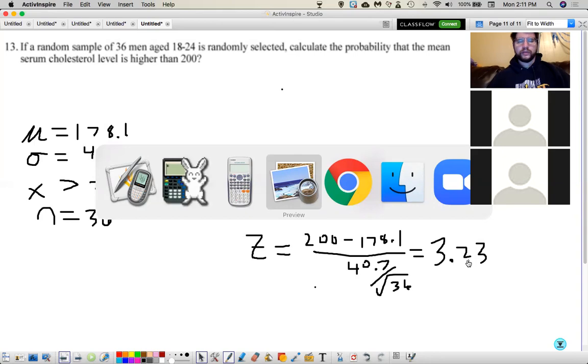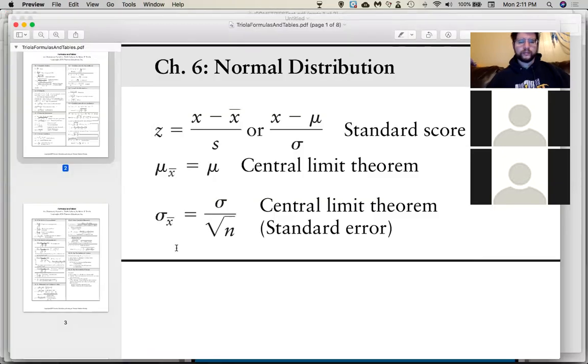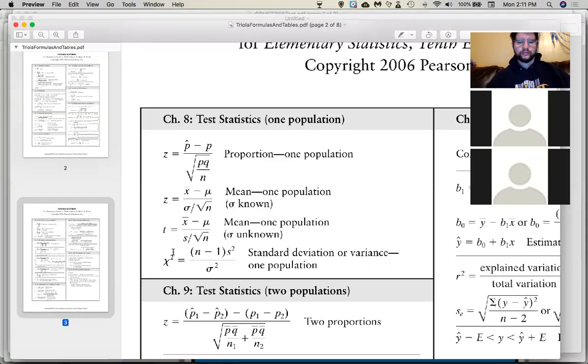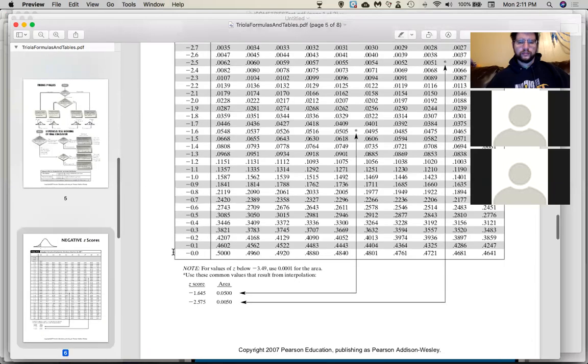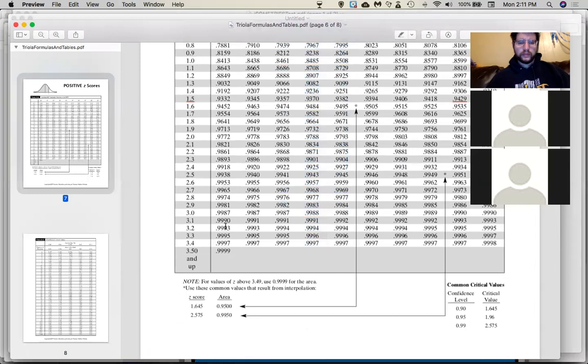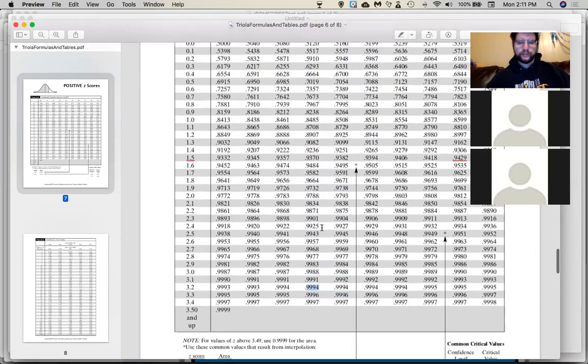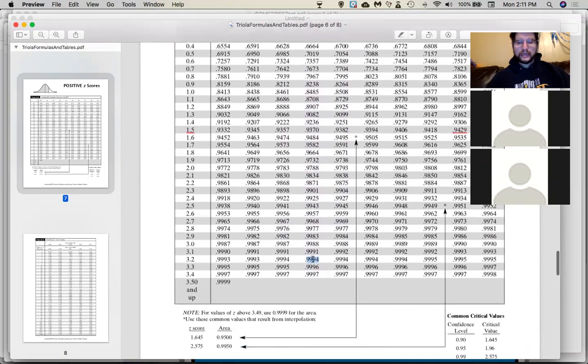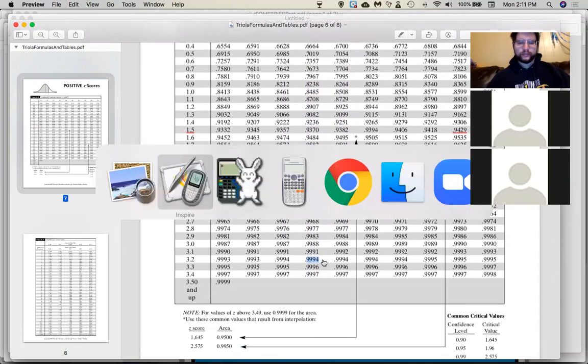I'm going to look up 3.23 on the chart. 3.2, 0.03. Yep. 0.9994.